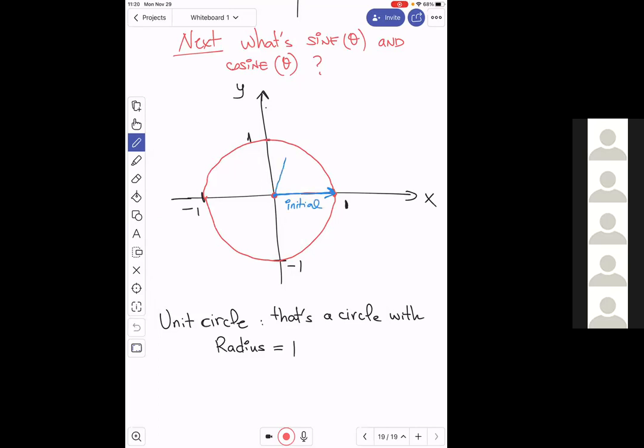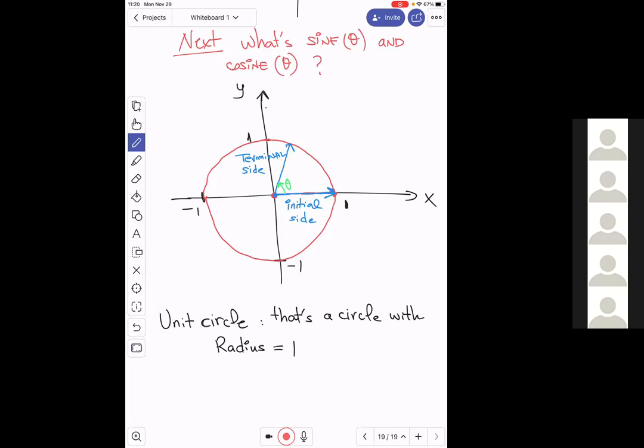And this is, let's say, my terminal side. Okay, terminal side. Right, and here's my angle. So my angle theta is this one here.